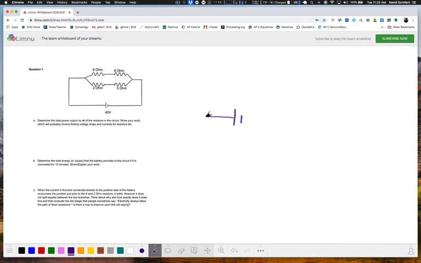There's the battery. Here's the resistor in the top branch. That, of course, is 14 ohms. Here's the resistor in the bottom branch.